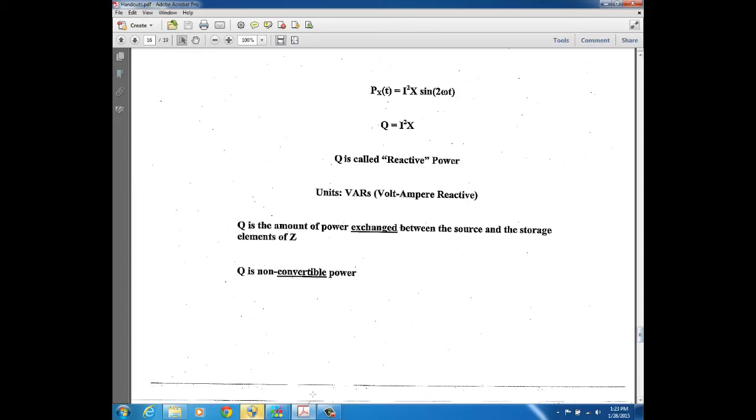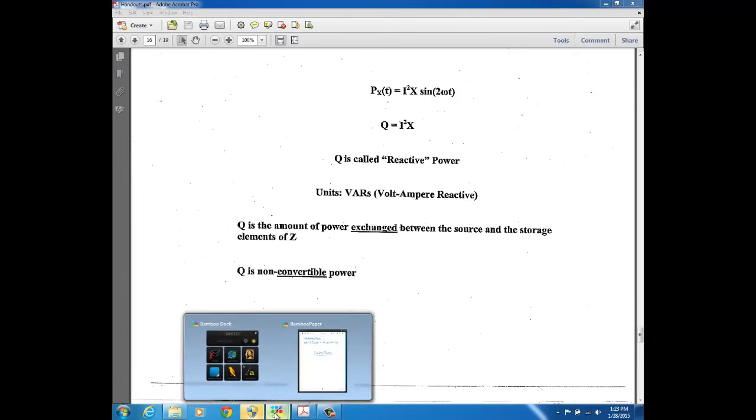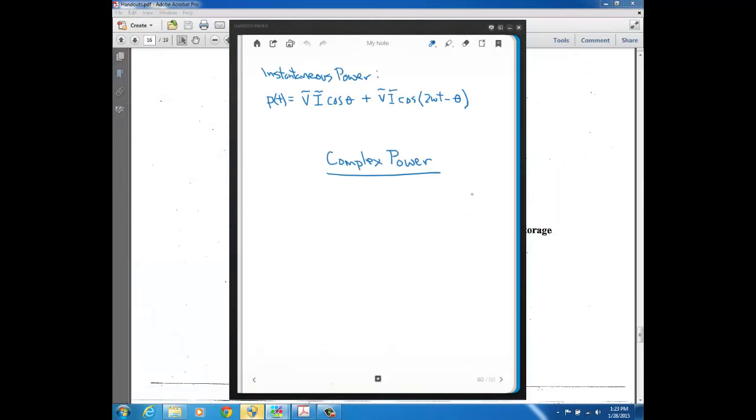so the next thing we have is another power in AC circuits called complex power. The first thing you need to know about complex power is that this power is made up. It's fictitious. It's not something you can directly measure. We just make up this power because it's convenient for solving AC power problems.